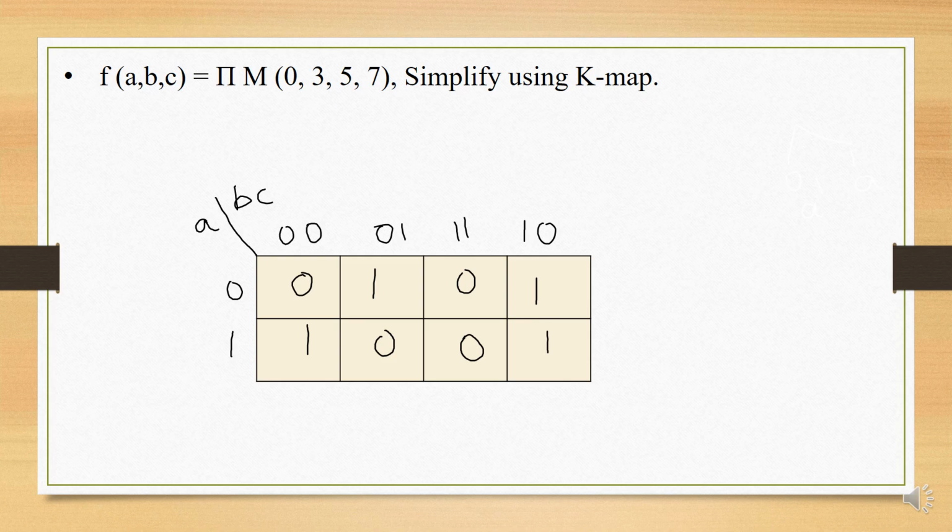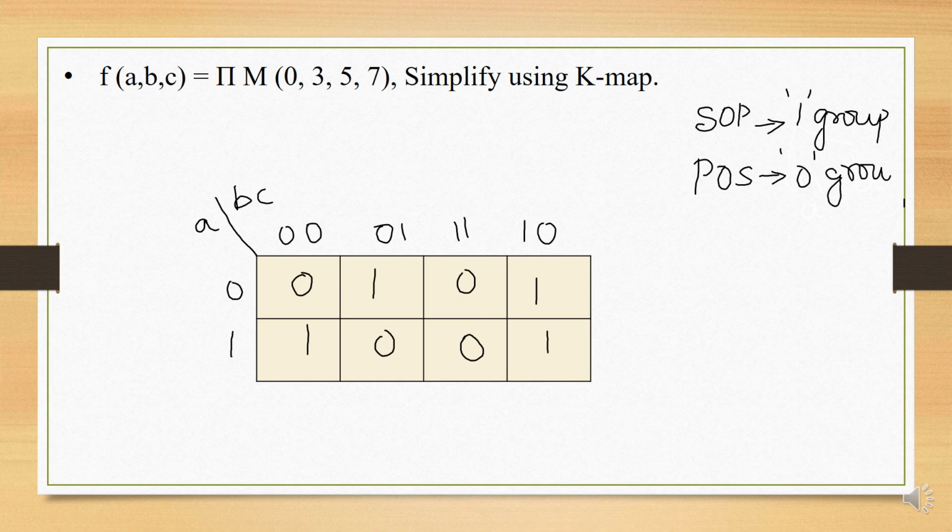Now, as we are trying to obtain the simplified SOP expression, we need to group logic ones. Suppose we require the simplified POS expression, then we have to group logic zeros. Now we are concentrating on obtaining a simplified SOP expression.